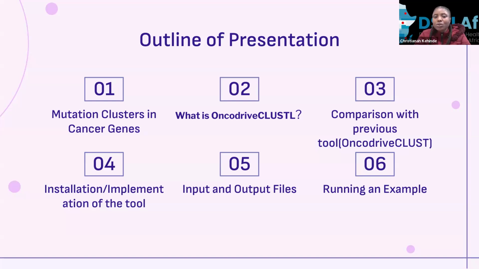We'll be looking at that as a foundational discussion before we go into the running of the tool itself. Then I would also discuss what OncodriveCLUSTL is, the use and the algorithm behind it.